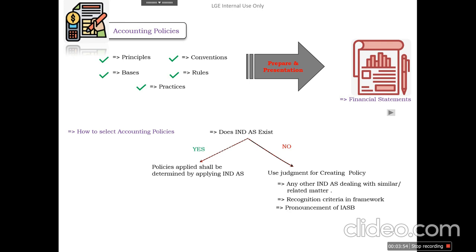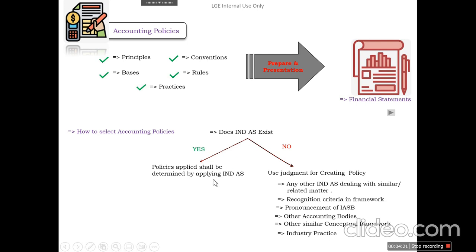or whether there is a pronouncement of the IASB or any other accounting bodies, or something mentioned in the framework of the IASB or other accounting bodies, or what the industry practice is in that regard. So in case we are going to formulate an accounting policy, we first check whether any Ind AS exists.